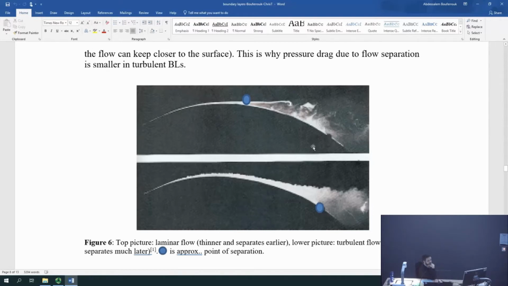And to be honest, it's very difficult to say what's the best answer. I would say it depends on the flight. Now, in cruise, it turns out that skin friction drag is really the one that we target because it's quite high, so we try to make the boundary layer as laminar as possible. But in other situations, it may not be the case.